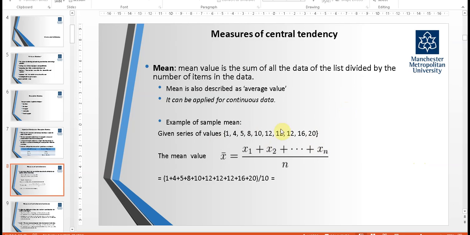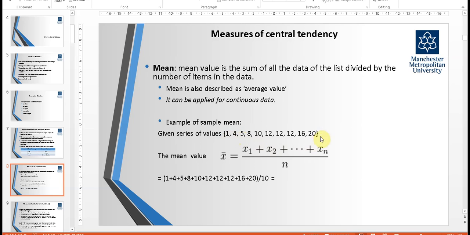For example, if you look at this series of data here, 1, 4, 5, 8, 10, 12, 12, 12, 16, and 20, to calculate the mean value, it's really easy. You just need to add them together and divide it by how many values you've got in total.